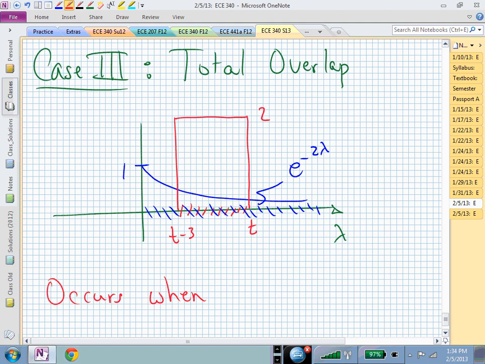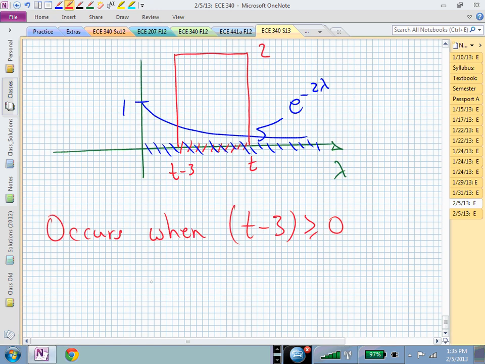We need t minus 3 to exceed 0. This picture is going to be true as long as t minus 3 is greater than or equal to 0. And if we solve that for t, this overlap picture is true for t greater than or equal to 3. So for t equal to infinity, this is valid.